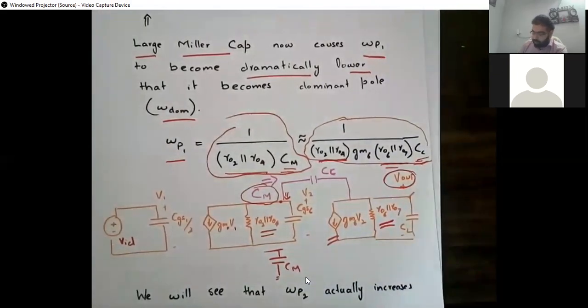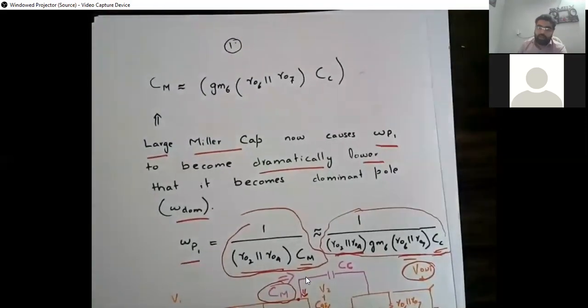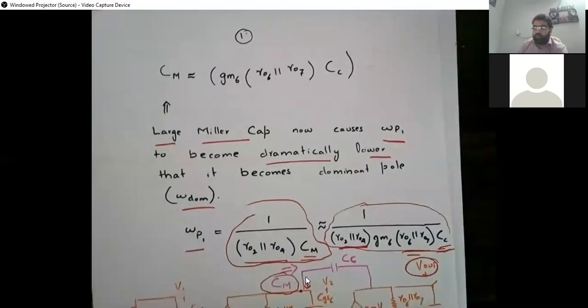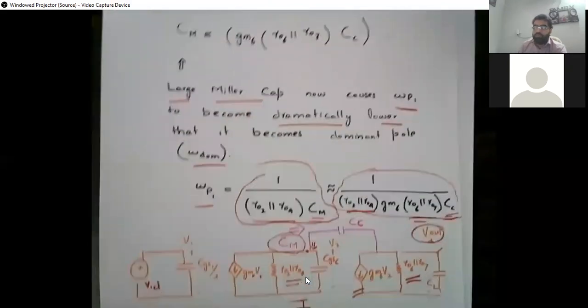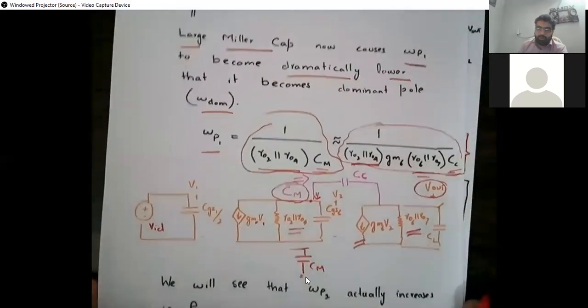Now we observe that omega P1 shifted to the left-hand side and became the dominant pole, but what happens to omega P2? Until we decide something about omega P2, we cannot conclude that omega P1 is the dominant frequency.